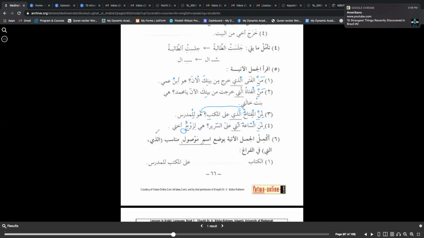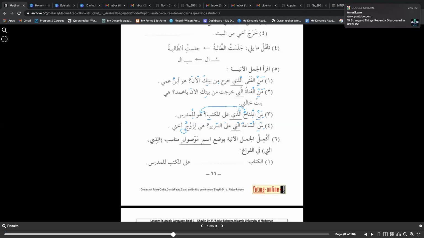Alladhi is what? Masculine. So you're going to translate it as who or which. If it's a human being, something possessing an aql, it's alladhi. If it's something ghayru aql, not rational, an inanimate object or an animal, you're going to use allati. But I'm sorry, if it's an inanimate object that is a masculine word, you still use alladhi.